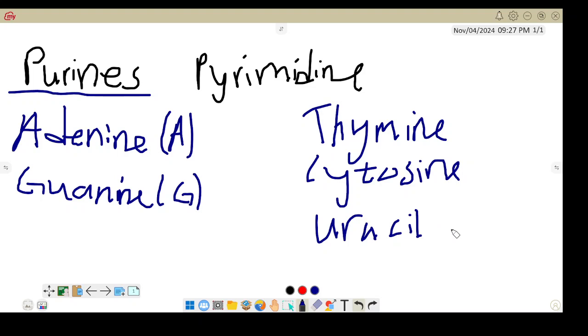Now we can discuss these components of the nitrogenous bases. The abbreviations will be similar to the others: this will be T, this is C, this is U, all capital letters.